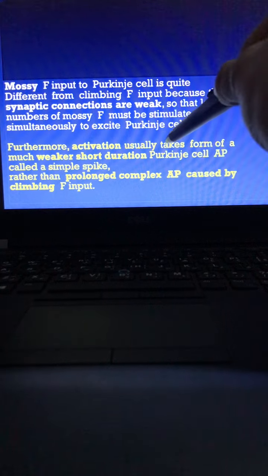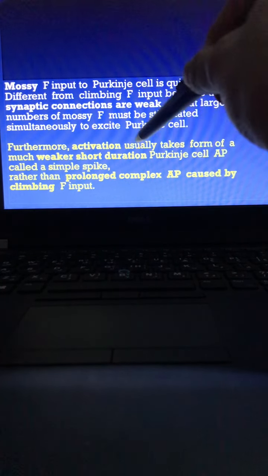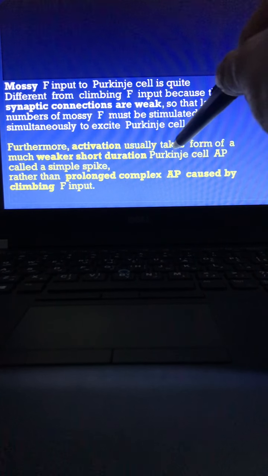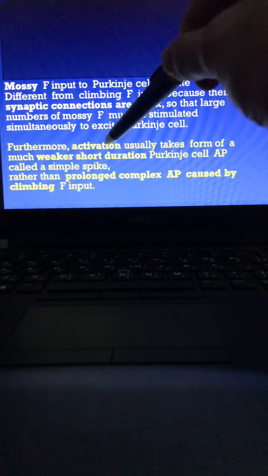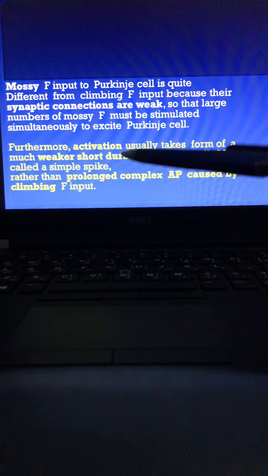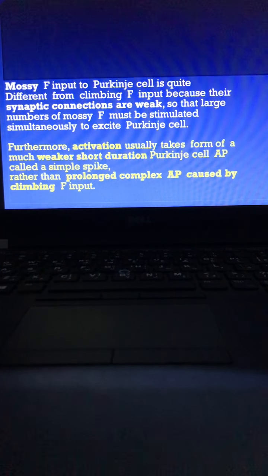Activation usually takes the form of a weak, short duration action potential in the Purkinje cell, which we call a simple spike, whereas with climbing fibers we called it a prolonged complex action potential.